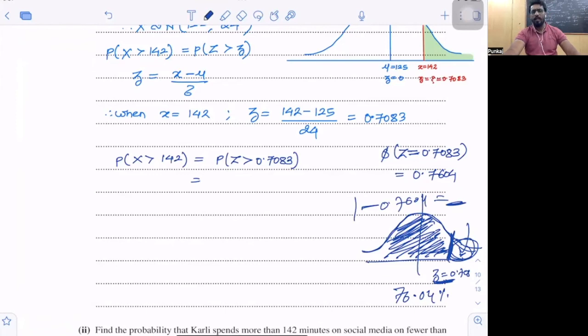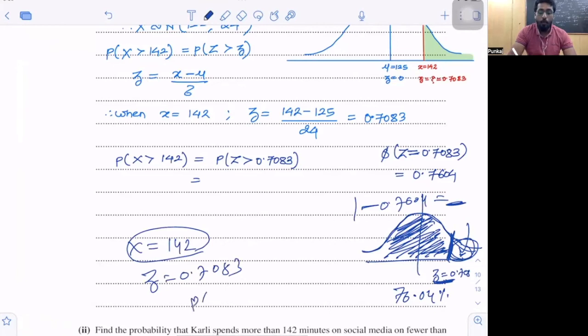Now, these are very close values. You might get a little confused over here, so try and understand. When X was 142, the value of Z came 0.7083. And from the table, I've got the probability of Z equal to 0.7083, and that has come 0.7604.